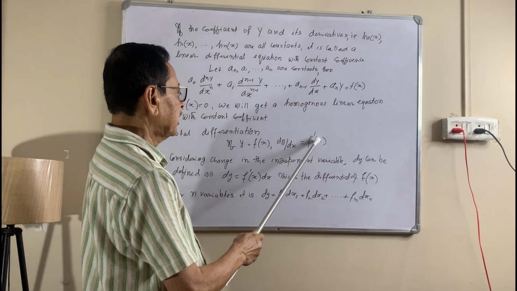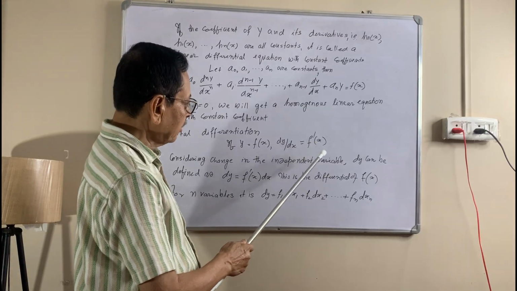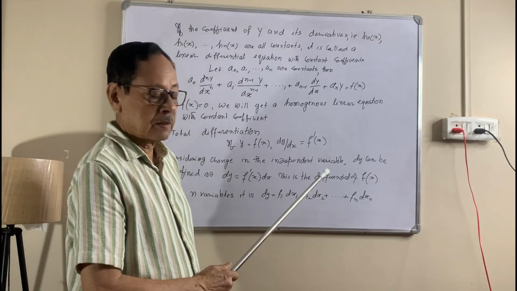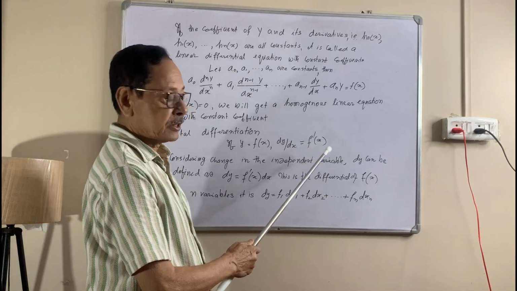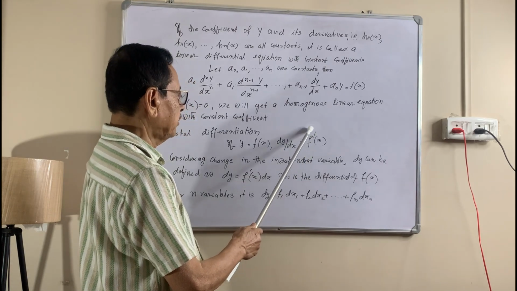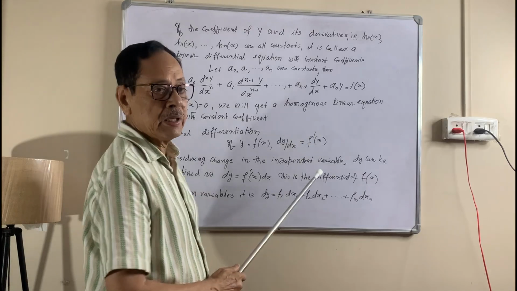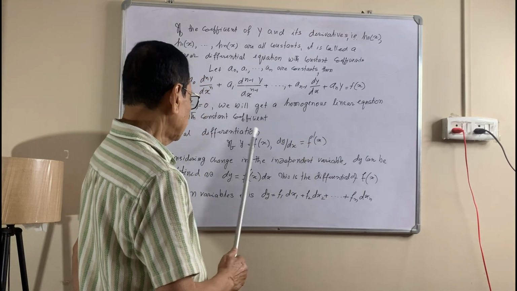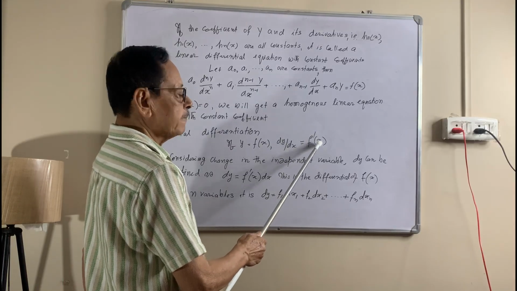Sometimes in some books you will find it written f1(x), that means the first derivative with respect to x. And in some books it is f prime, that means the first derivative with respect to x, and f double prime means the second derivative with respect to x. So dy by dx is equal to f prime x.